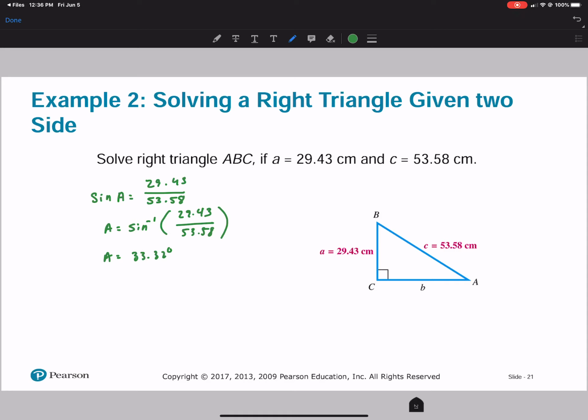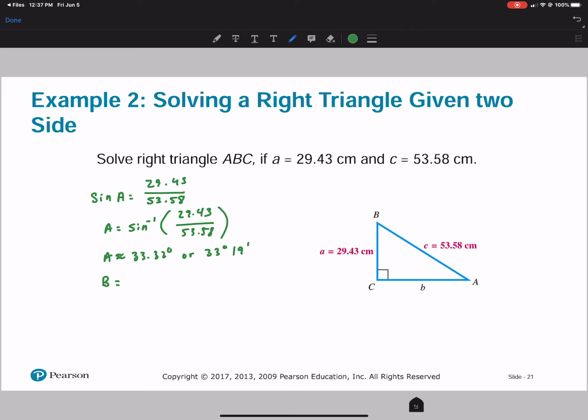Now, let's say they wanted it as 33 degrees and 19 minutes. But it's an approximation, right? So what about B?